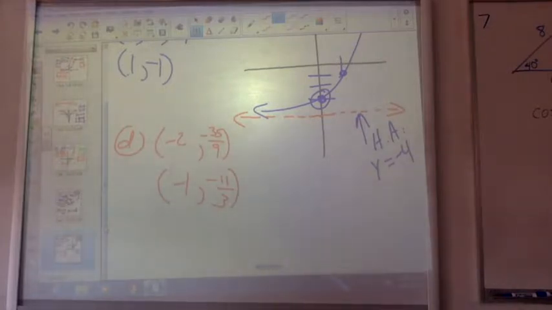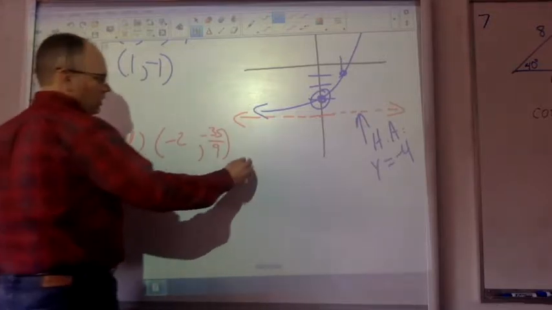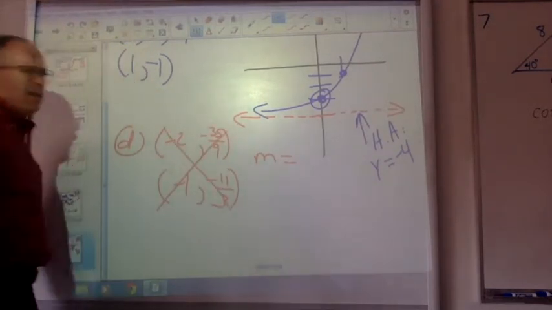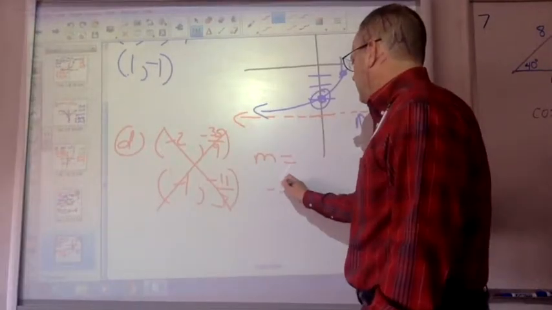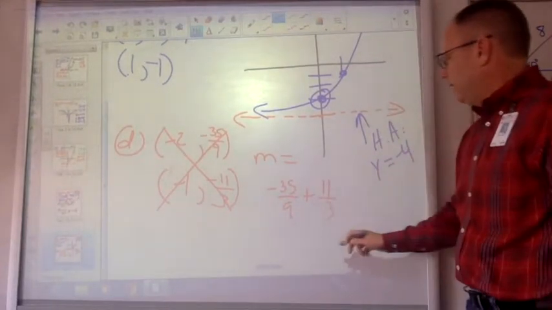I don't think this is a fair problem to give, because if you were to find the slope of this, you're dealing with some fractions. So I'm not going to worry about something like that. You're basically going to go negative 35/9 plus 11/3. The reason it's plus 11/3 is negative negative.